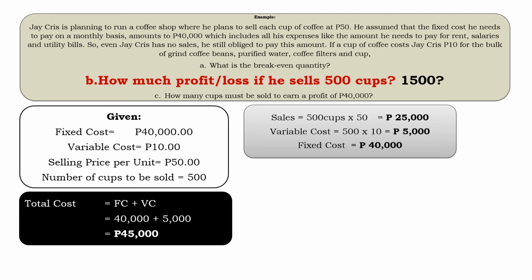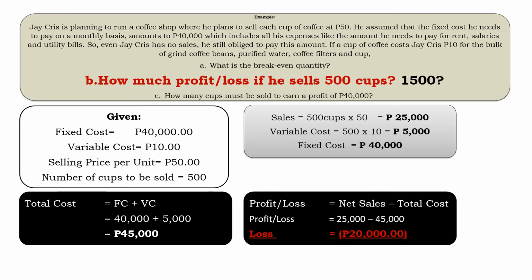Now let us compute first the total cost. So the total cost is equal to fixed cost plus variable cost. Our fixed cost is 40,000 and our variable cost is 5,000, a total of 45,000 pesos. Now let us compute for the profit or loss. Profit or loss is equal to net sales minus total cost.